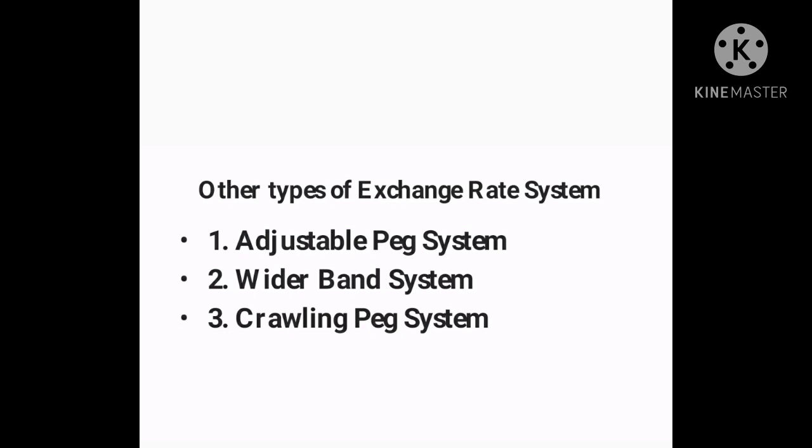Crawling pegs are often used to control currency moves when there is a threat of devaluation due to factors such as inflation or economic instability. Coordinated buying or selling of the currency allows the par value to remain within its bracketed range.